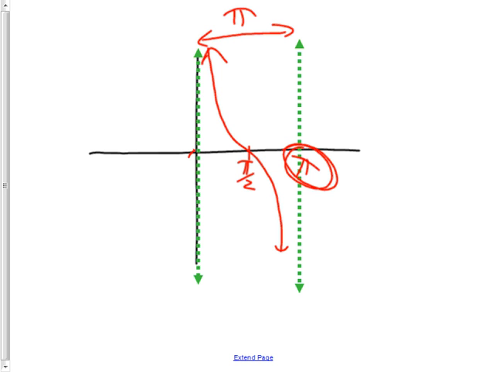So it's going from 0 to pi. Half that's pi over 2. Half of the half is pi over 4, and that's where it's 1 and negative 1. So that is a graph of cotangent.